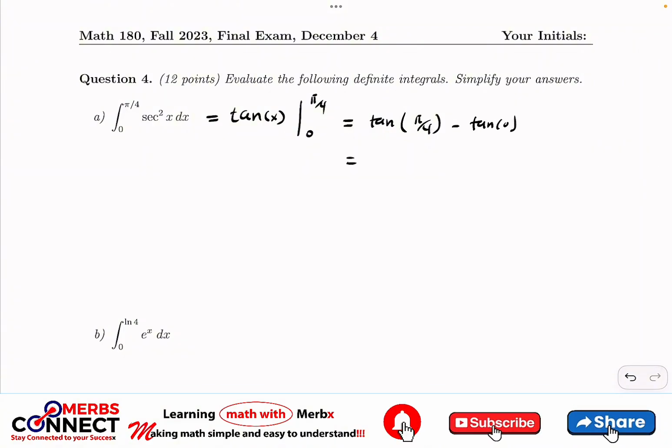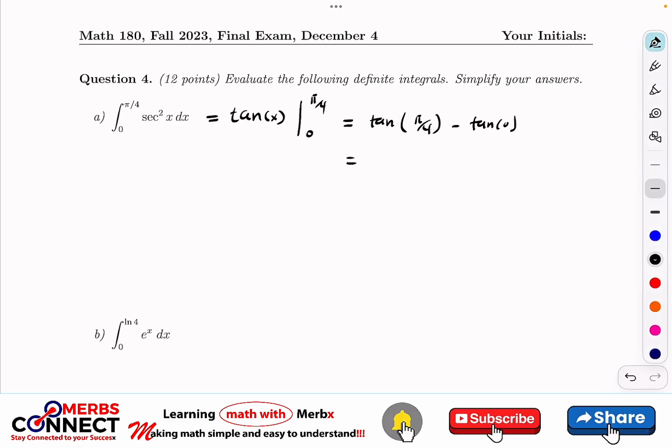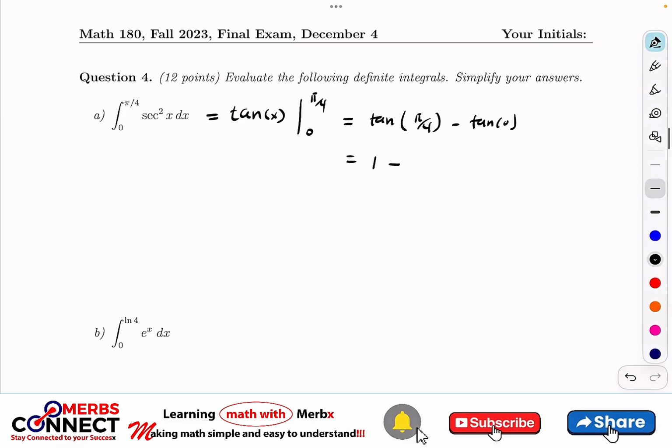So tangent is sine over cosine, right? So we know that tangent of pi on 4 is going to give us 1 minus, sine 0 is 0, so definitely this is also going to give us 0, and this is going to give us 1. That's basically what you're going to get.